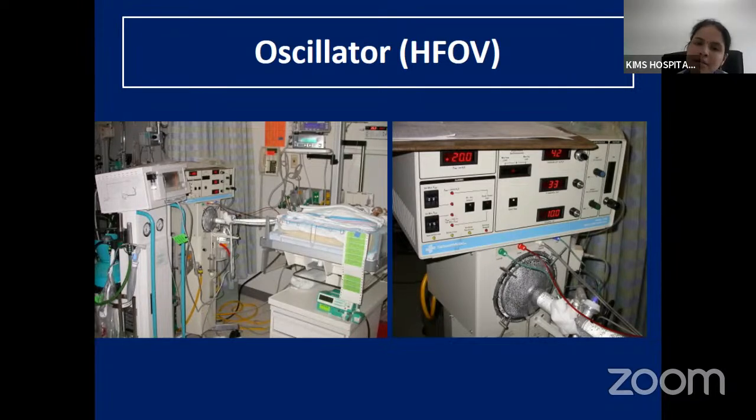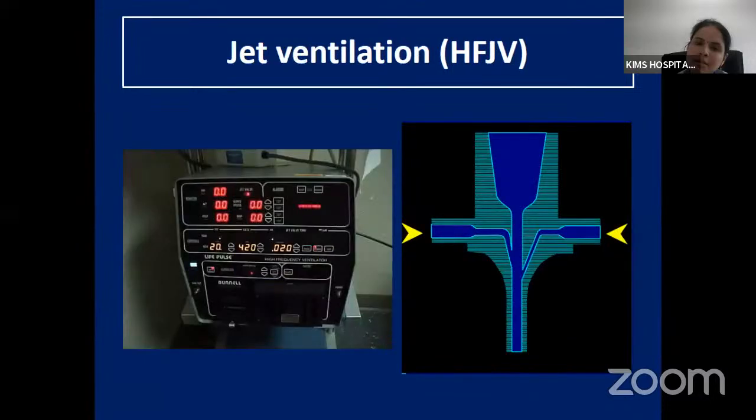In this process, expiration is also an active process. The backward movement of the diaphragm creates a negative pressure which pulls gases out of the newborn's lungs, in contrast to regular conventional modes of ventilation, where expiration is typically facilitated by passive elastic recoil of the lungs.